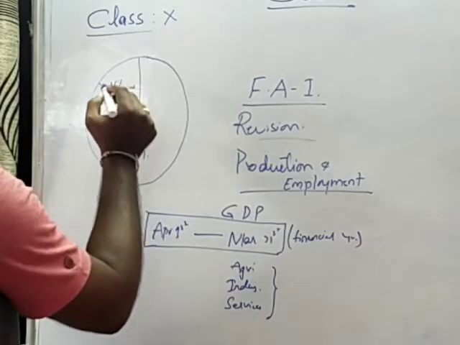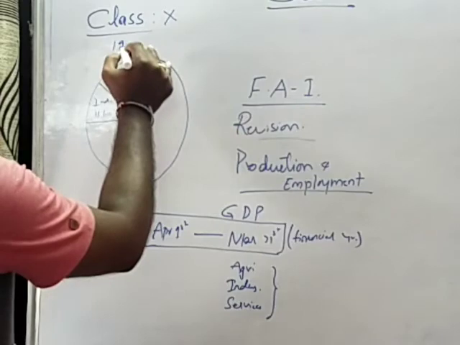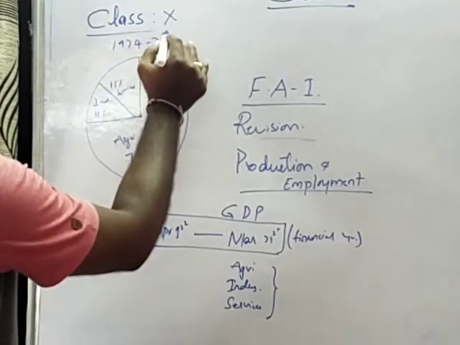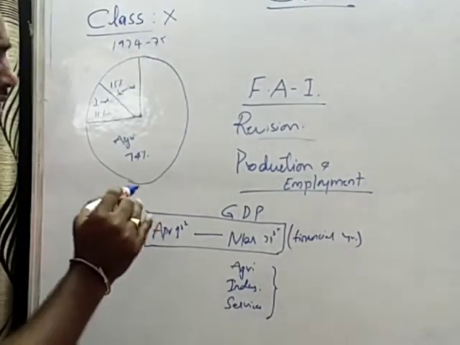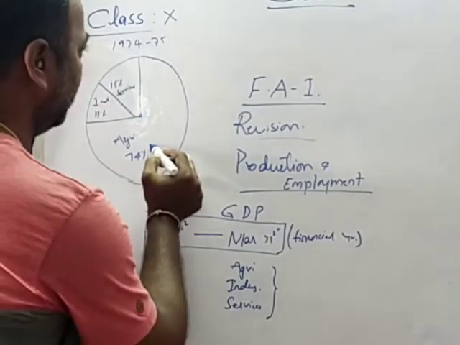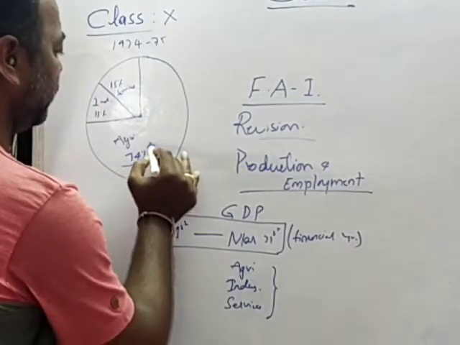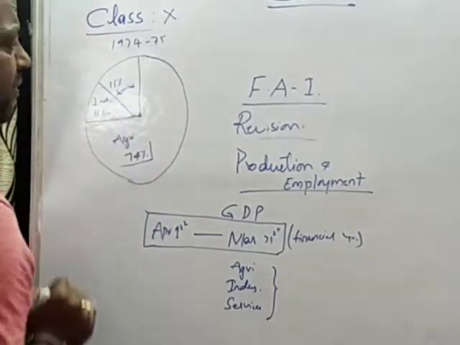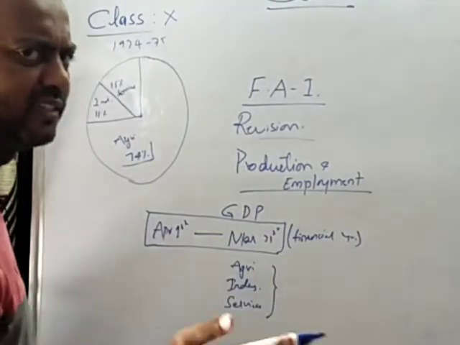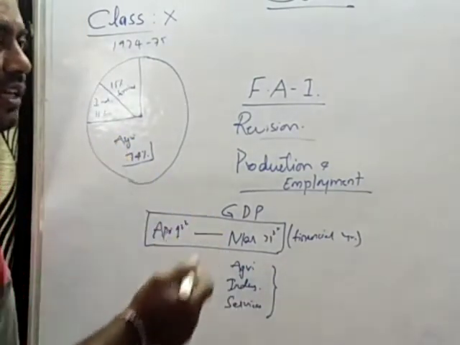This is the situation of employment during 1974-75. That means people dependent upon agriculture in 1974-75 is 74%. The people dependent upon the services sector are 15%, and the industrial sector just 11%.